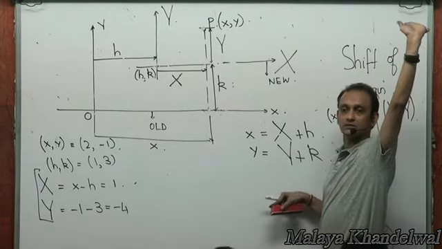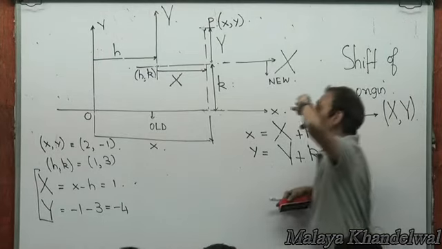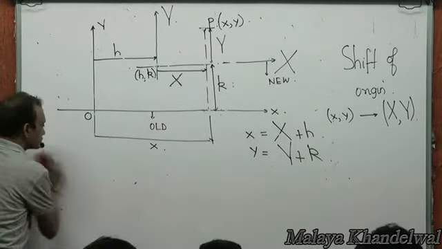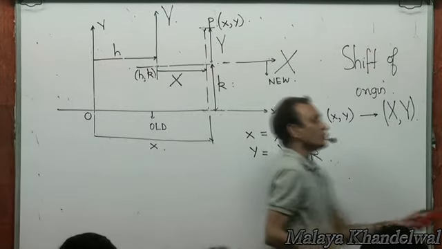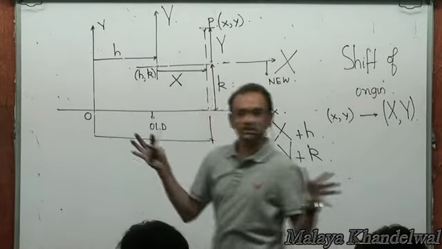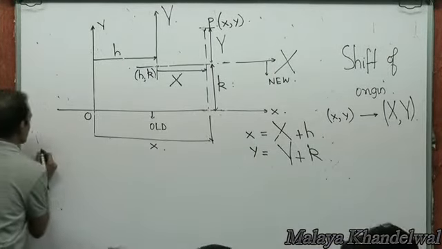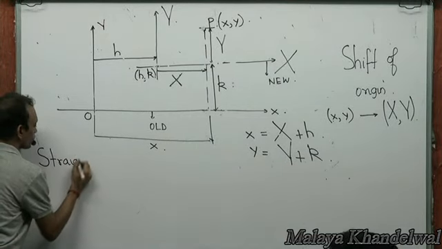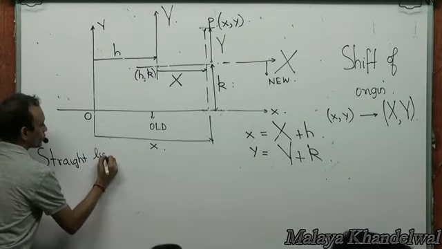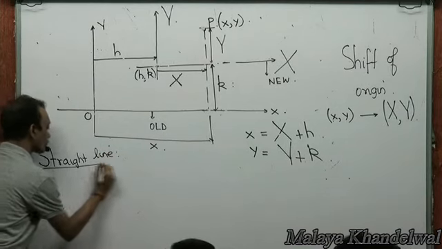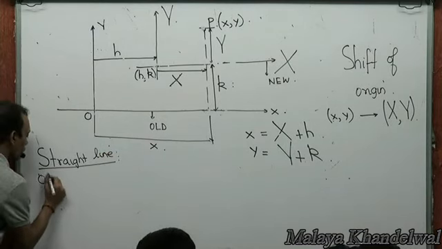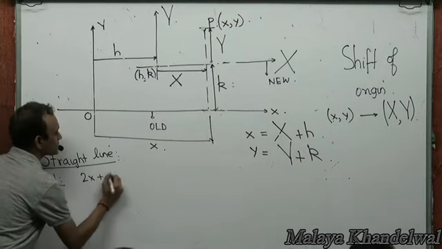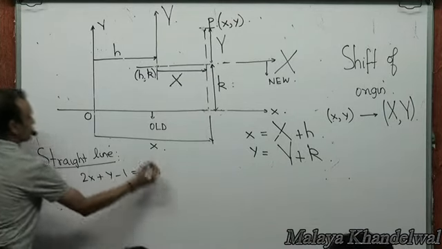Right? Now, suppose there is a straight line in the old system whose equation is 2x plus y minus 1 equal to 0.